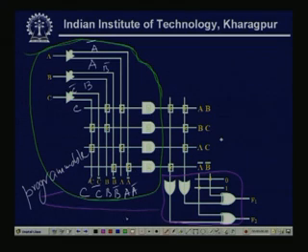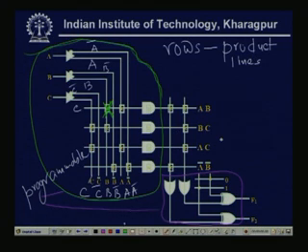Now, as the cross points are here, normally we call these the product lines. So the rows are called product lines because they realize the min terms, which is nothing but the product of the literals or the variables.